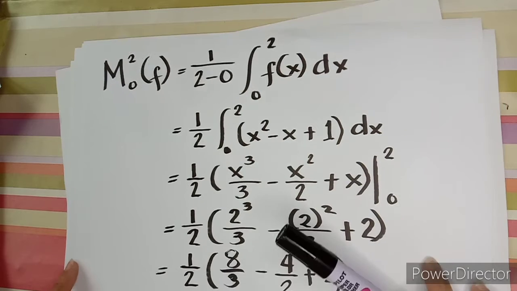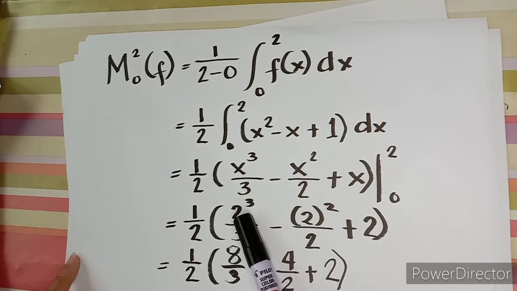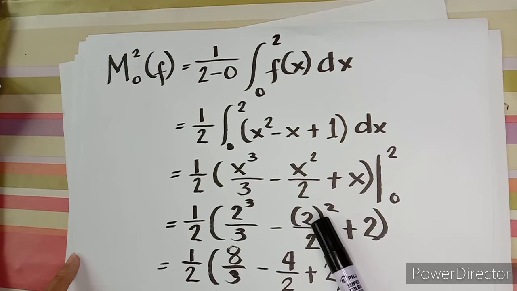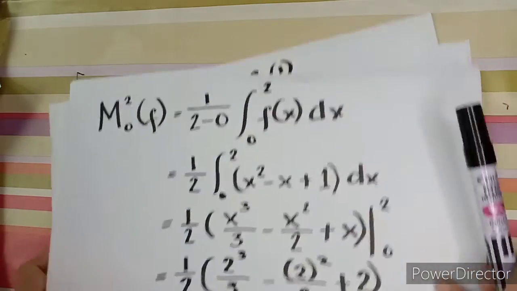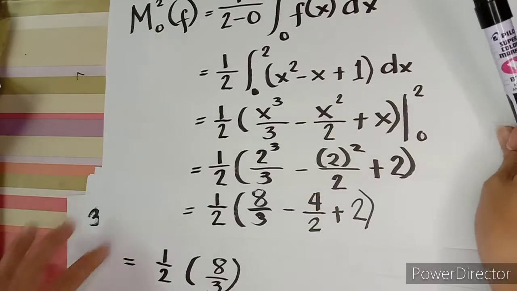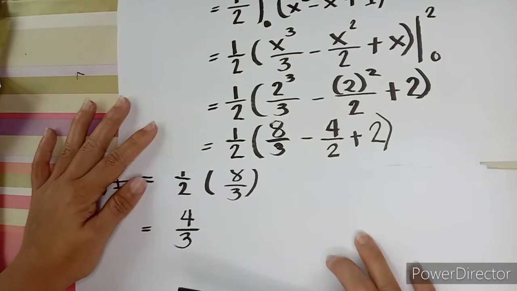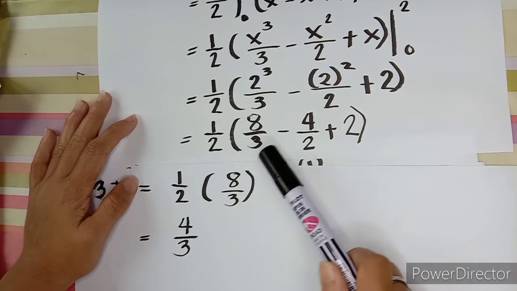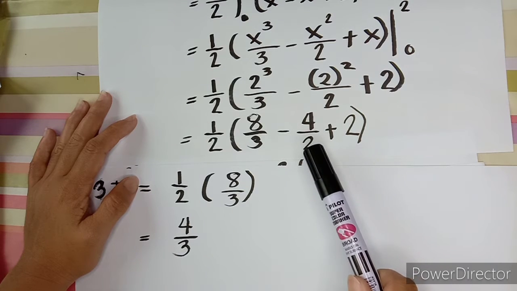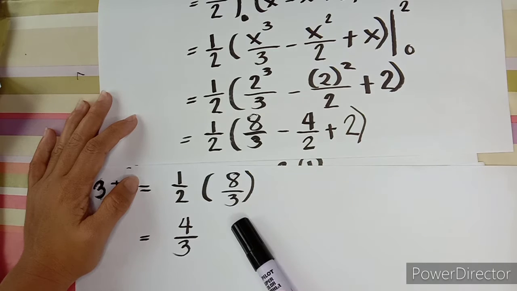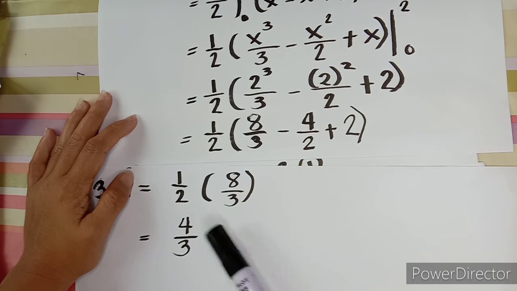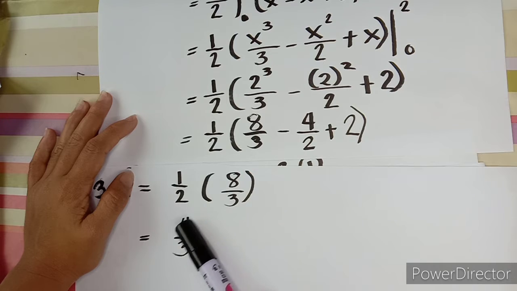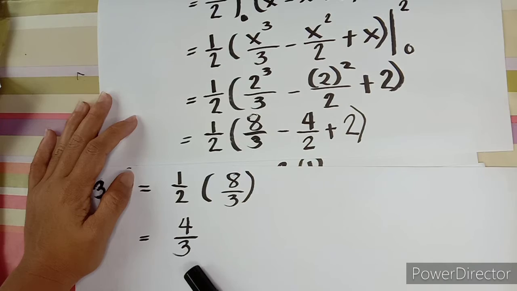So let's proceed to 1 half. 2 cubed is 8 over 3, minus 2 squared is 4 over 2, plus 2. So 1 half times 8 over 3 minus 4 over 2 plus 2, which is 8 over 3. So let us multiply 1 half and 8 over 3. The result is 4 over 3.